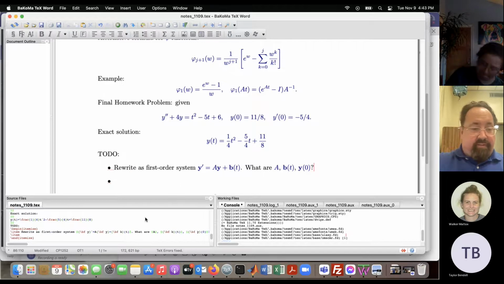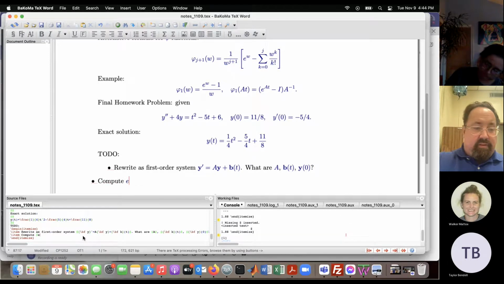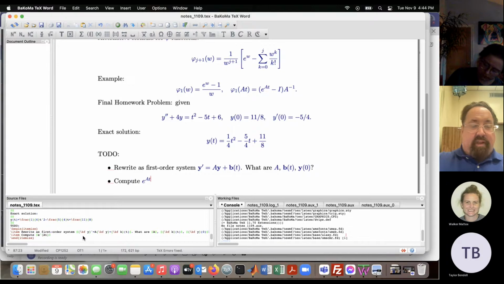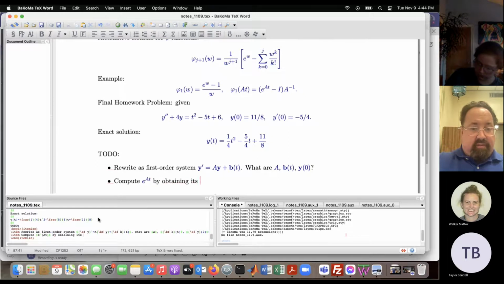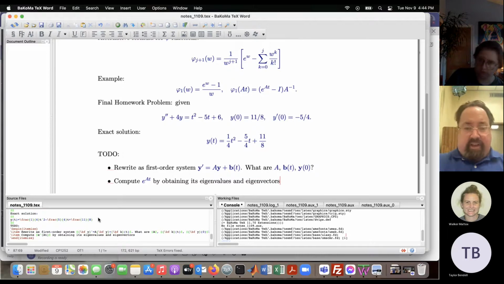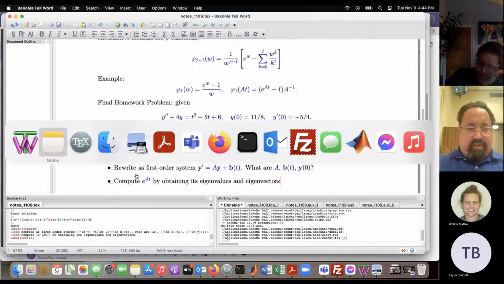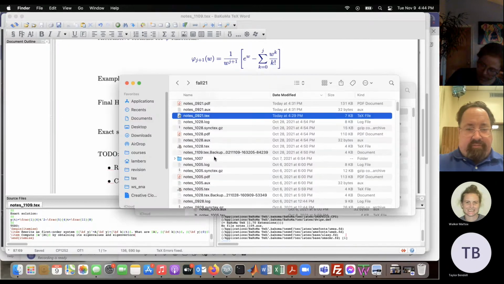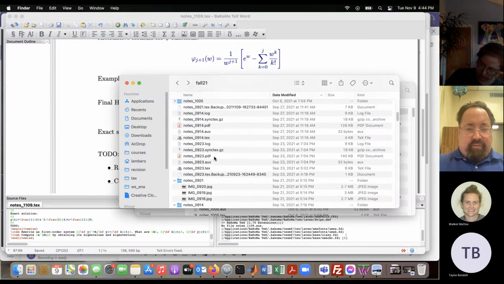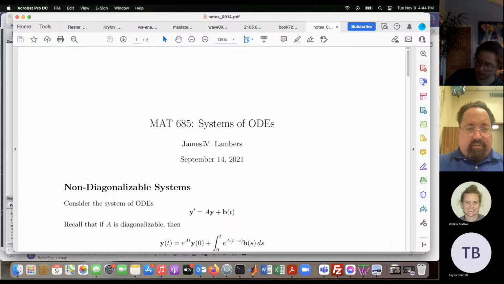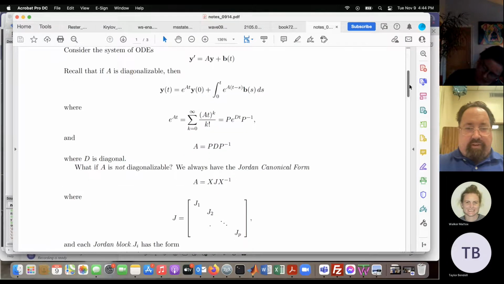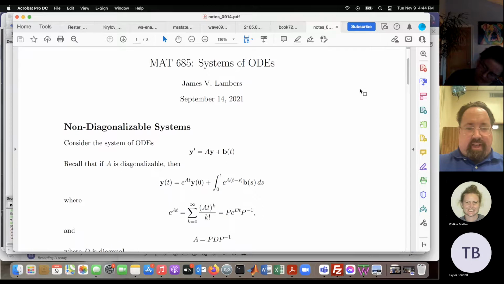Then compute e to the At by finding eigenvalues and eigenvectors. And I'm looking back for the old notes. Let's see what would be most helpful for doing that. Certainly the matrix is going to be diagonalizable.